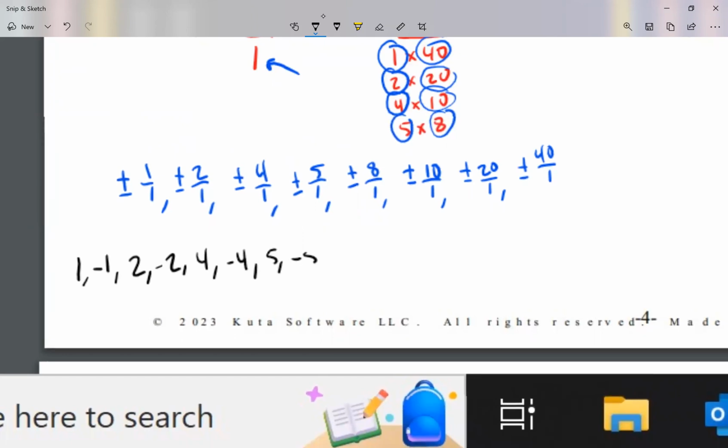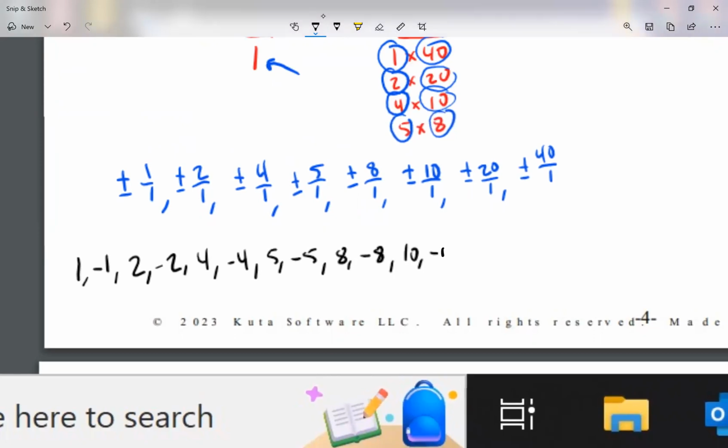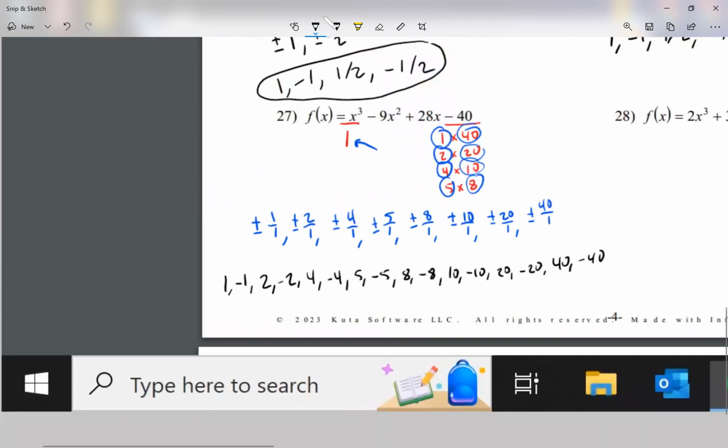Positive 5, negative 5. Positive 8, negative 8. Positive 10, negative 10. Positive 20, negative 20. Positive 40, negative 40. Those are all my possible rational zeros. One of these, up to 3, will work.